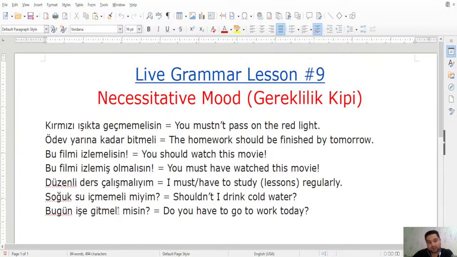Right? Gitmeli misin? Remember this first structure: the first part gitmeli is stable, gitmek, and then you add malı meli. So gitmeli misin, gitmeli miyiz, gitmeli miyim, right? So the first part in the interrogative is stable, and you only change the question part. Bugün işe gitmeli misin? Do you have to go to work today?